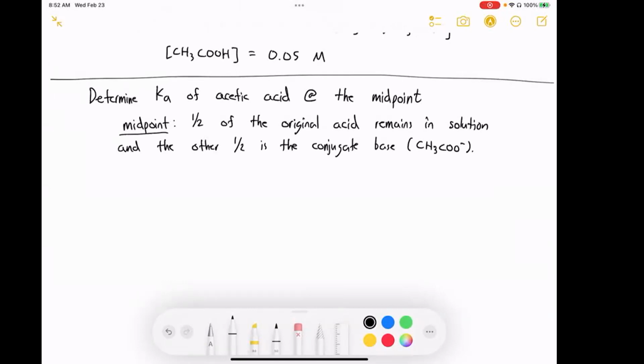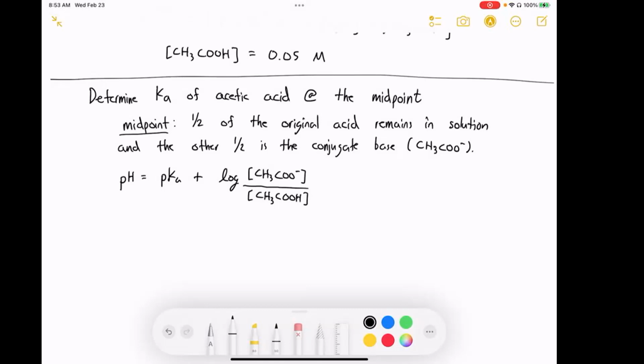So you may have heard of this equation, pH equals the pKa plus the log of my base, my conjugate base, COO minus, over my acid. So this is called the Henderson-Hasselbalch equation. And we use this equation to calculate the pH of buffers when we know the ratio of my acid and conjugate base. But since they're equal now, they cancel out.